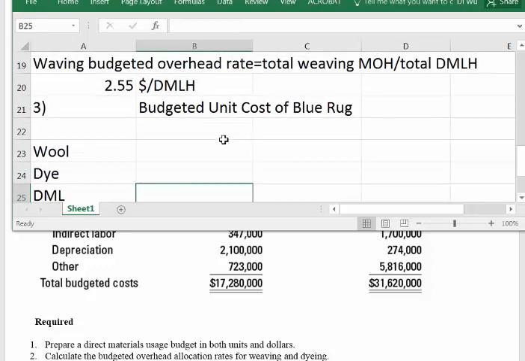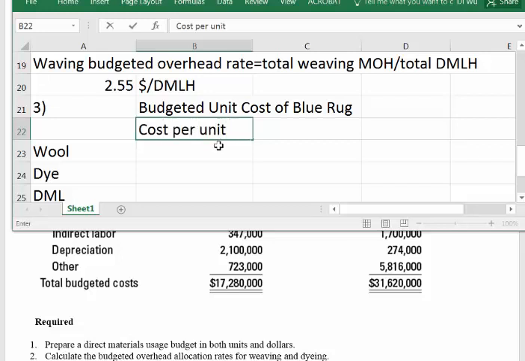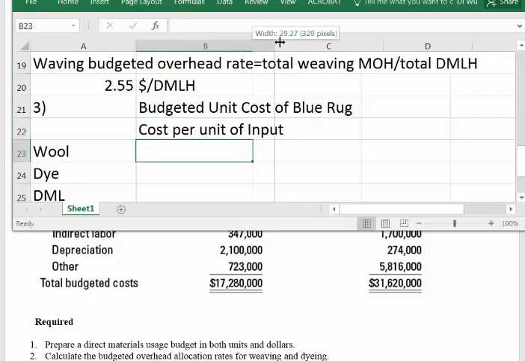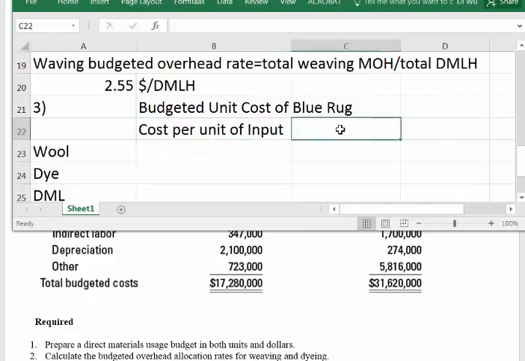So what I need to do is, for this particular product, first of all, I need to know the cost per unit. Okay, cost per unit of input. Which can be found very easily. The next is actually how many inputs I need per output, per product. If you feel more comfortable using that language, that's fine.